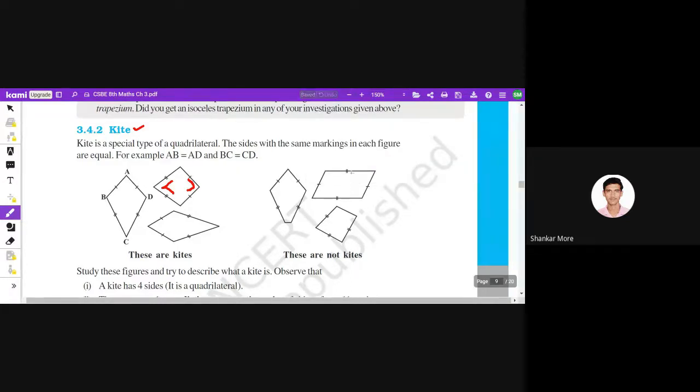Okay. Can somebody tell me why this is not a kite? This figure particularly, why is this not a kite? It has a pair of equal sides, right? But still it is not a kite.